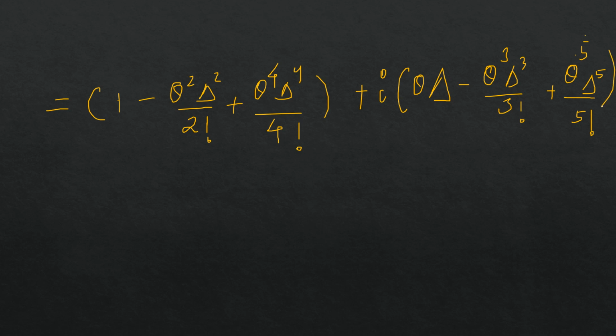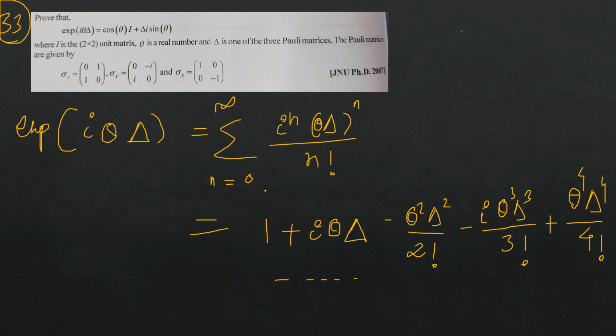And what can I do? See, we know Pauli matrix sigma x into sigma x, that is sigma x square, is equal to sigma y square is equal to sigma z square is equal to what? I, isn't it? So here in the question, they have given delta is the Pauli matrix.